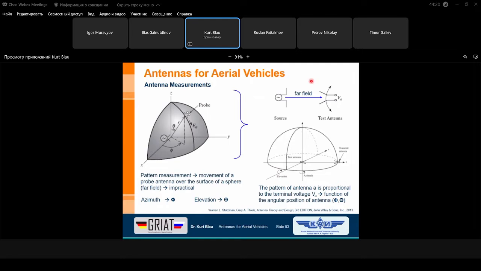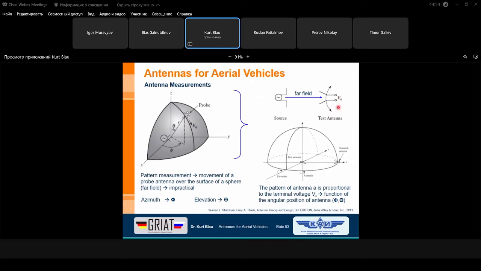Yeah, here is the measurement principle again. You have a generator with an illumination antenna. This is our antenna under test, or test antenna. The far field condition is fulfilled, and here you measure the voltage at the connector between these two connectors, voltage A. And you turn this antenna, as you see with this arrow, and then plot the output voltage over this angle.